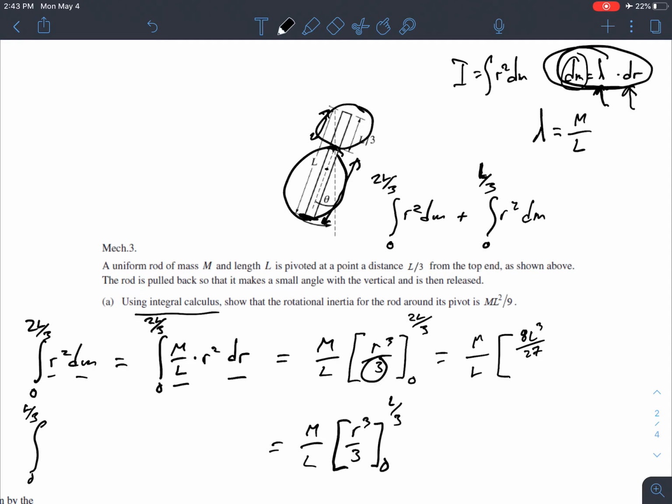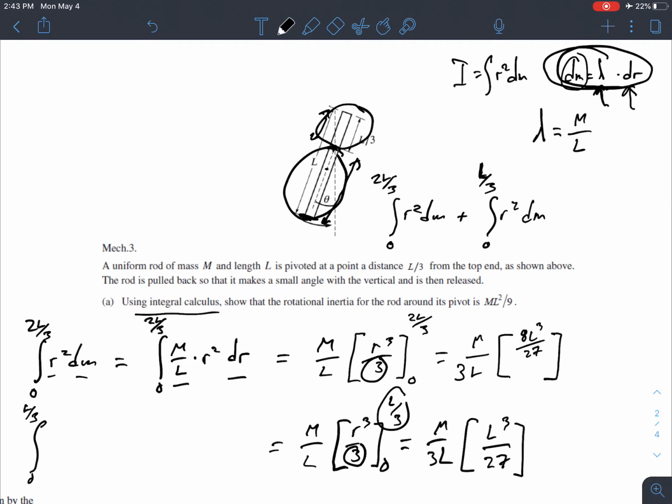And then over this 3, I'm just going to move that to the outside and put it here. This is messy enough. And when I plug in 0, of course, I get 0. And then for the other piece, I'm going to move that 3 to the outside also. So m over 3L, and I get L cubed over 27.